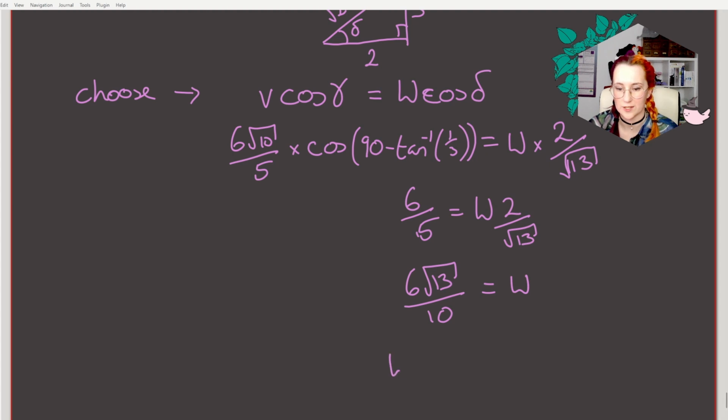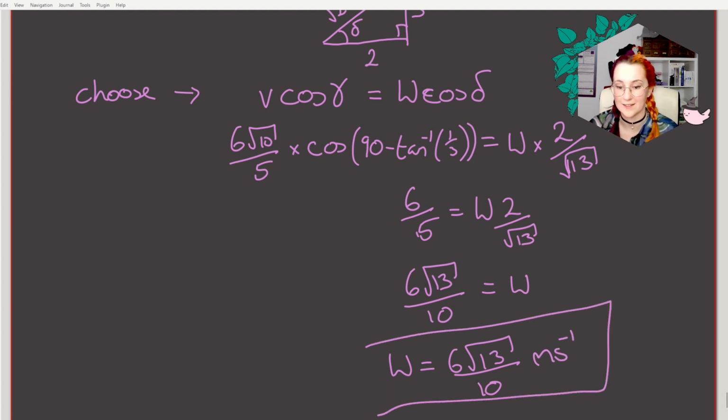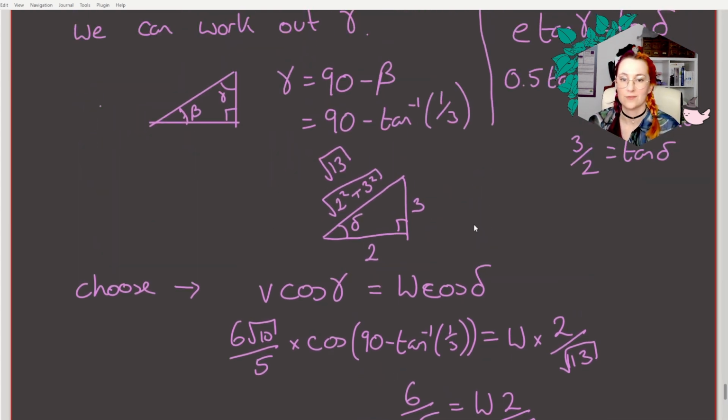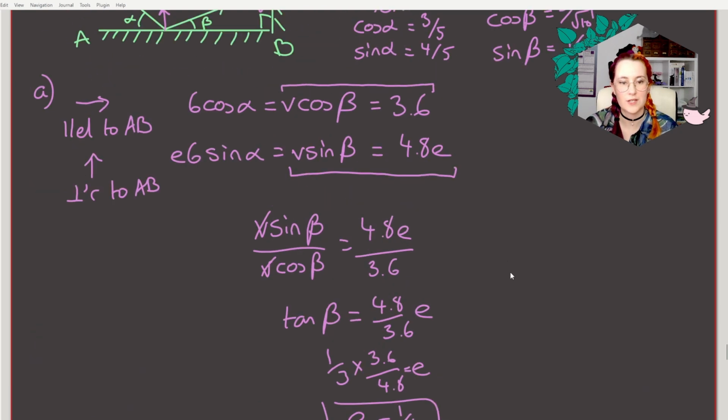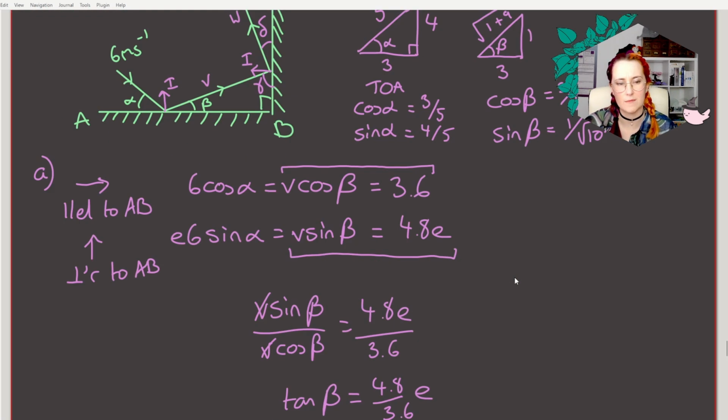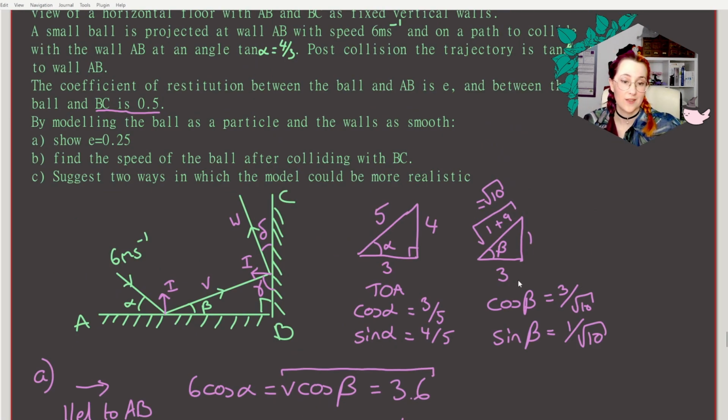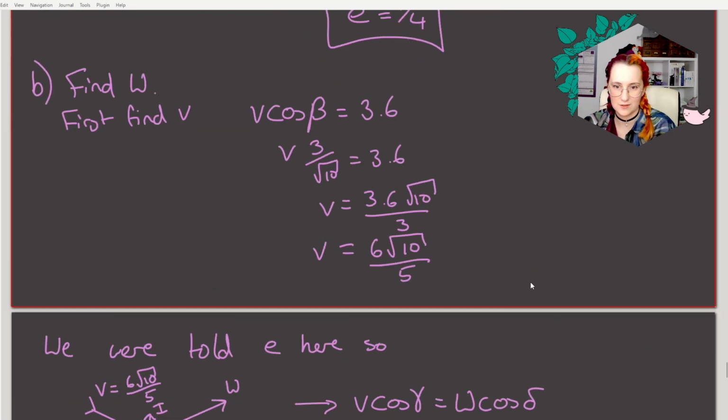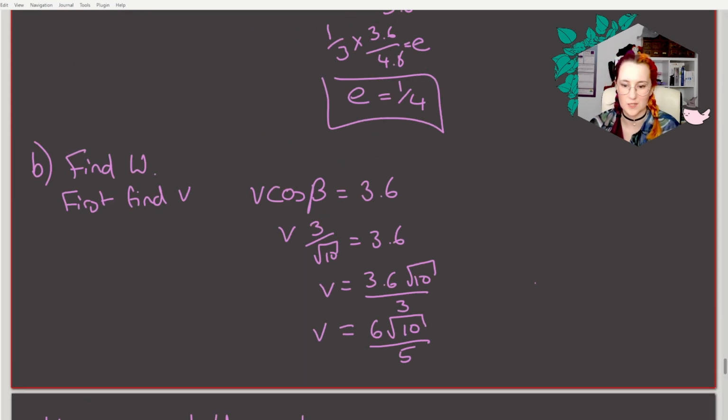And then throughout all of this, I should have been including my units. That is something that I did not do. Although coefficient of restitution doesn't have any units, so I think I'm mostly okay. Okay, so we have the speed W, the speed after the second collision, which, just out of curiosity, we started with 6 meters per second.